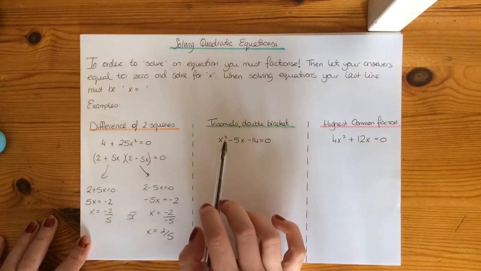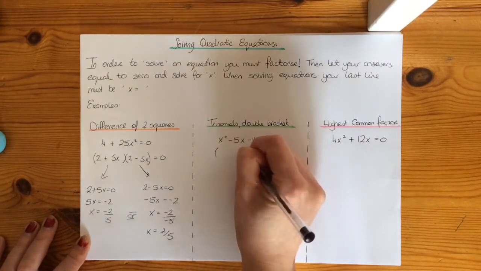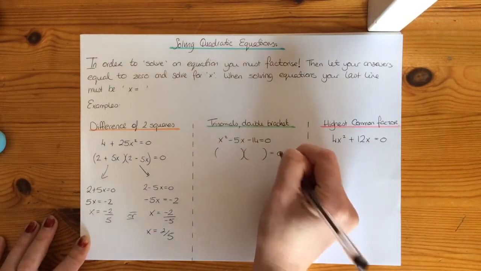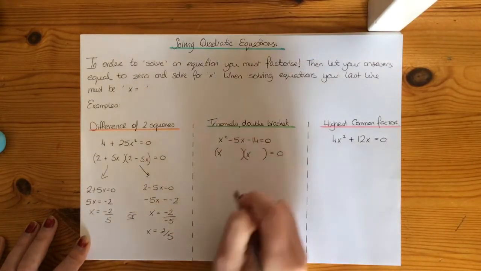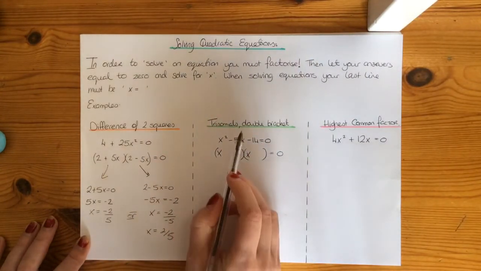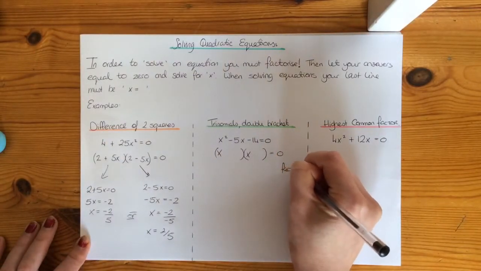Okay, so now on to our trinomials. So we've got x squared minus 5x minus 14 equals 0. So again, open up your double brackets. So x squared, so x times x gives us x squared. Then we go to our constant. So we want to write down factors of minus 14.